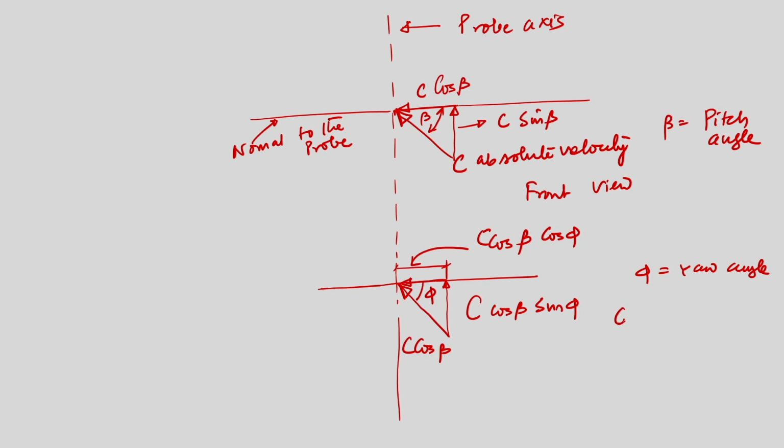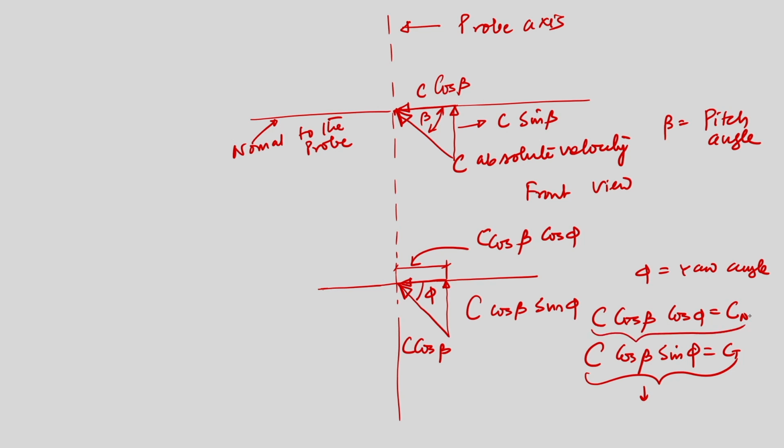So, c cos beta cos phi is c n, and c cos beta sin phi is equal to c t. This is the tangential component of the absolute velocity, and this is the normal component of the absolute velocity, c n and c t. This is the top view.